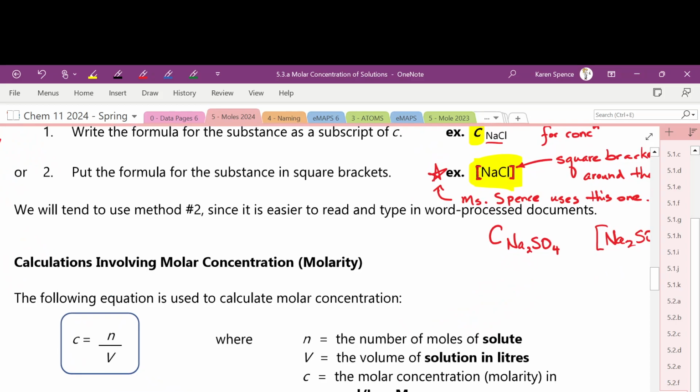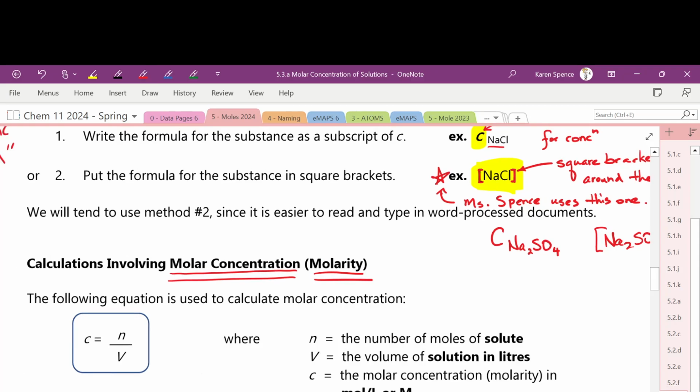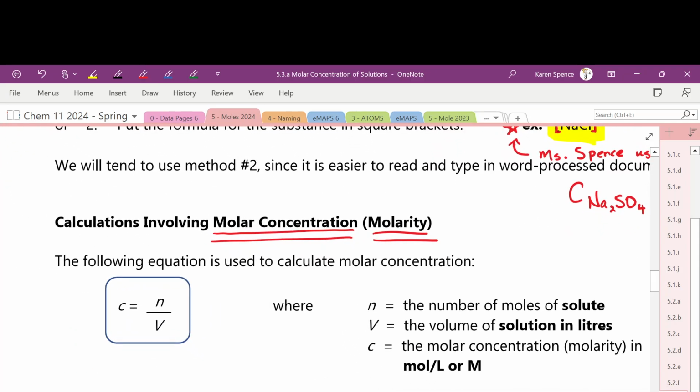So how do we do these calculations? Calculations involving molar concentration, which is also known as molarity. We can write it as c is equal to n over V. Do you remember what n stands for? It's not the mass. m is mass. n is the amount of matter.